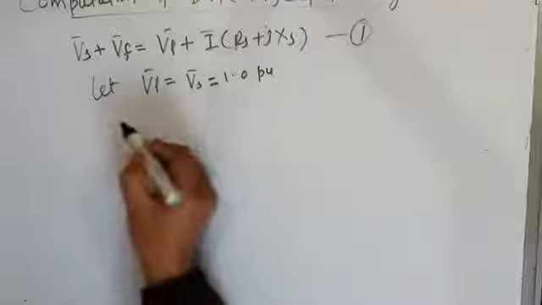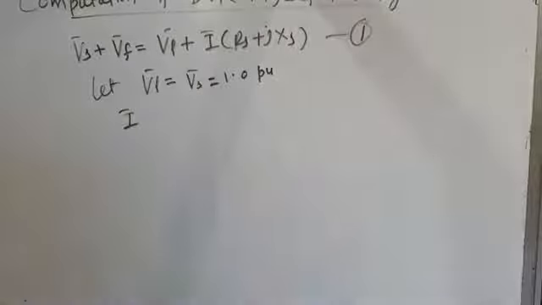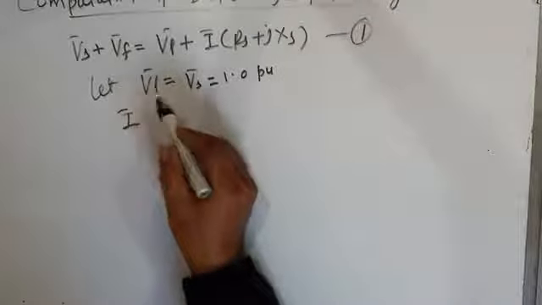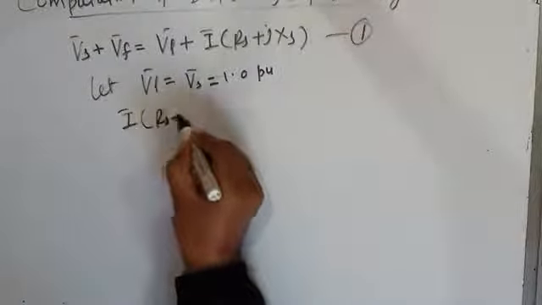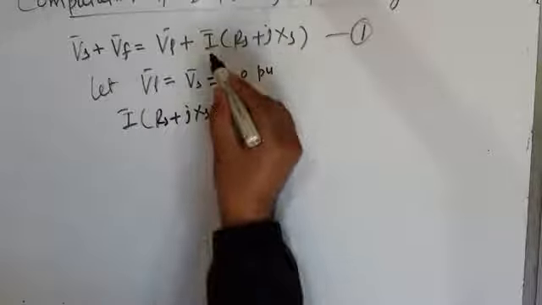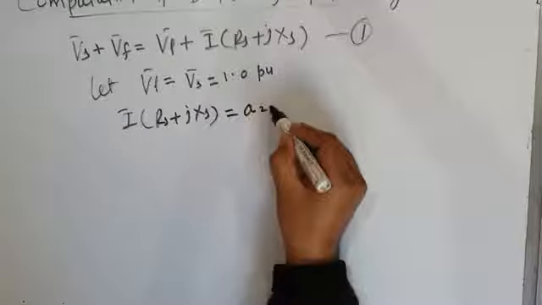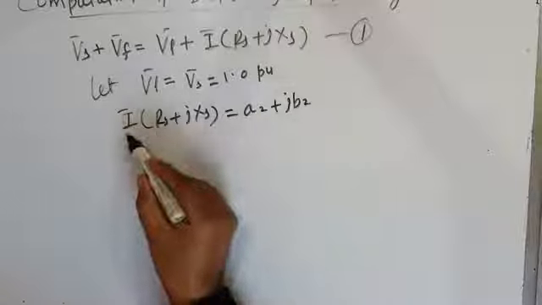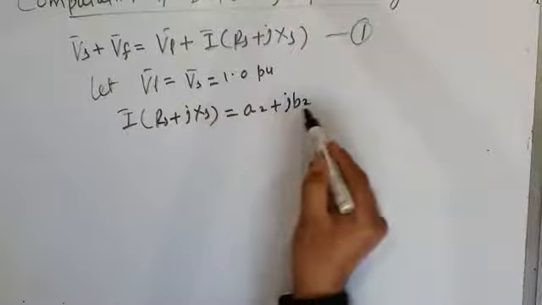And let us take this I into Rs plus Jxs, this voltage drop, equal to A2 plus JB2. I mean, it has a real part and a reactive part. If you know the current, the feeder resistance and feeder reactance, substitute here, and you will get a real part and a reactive part.